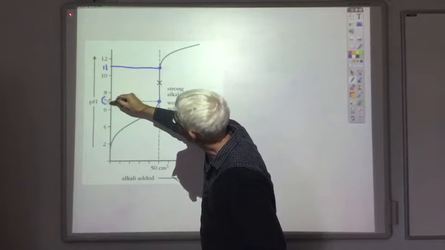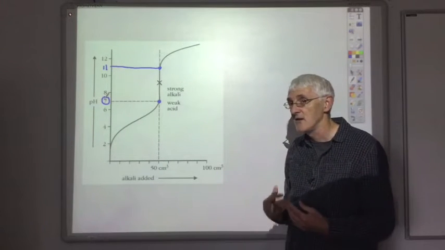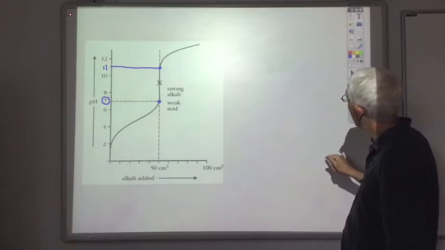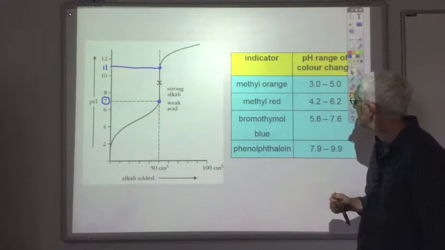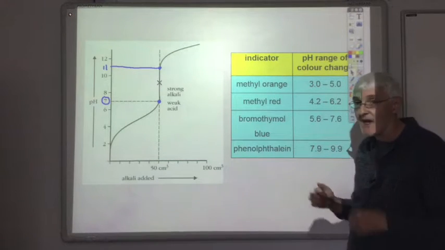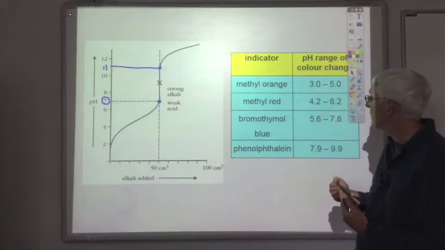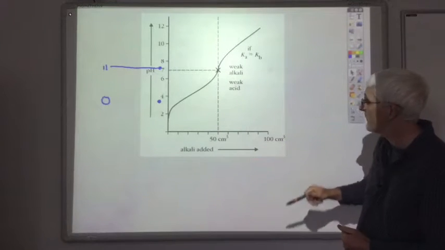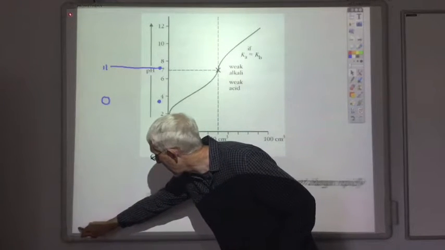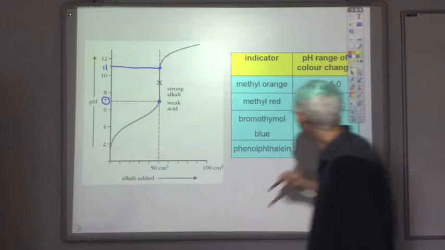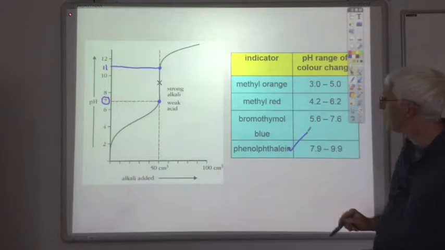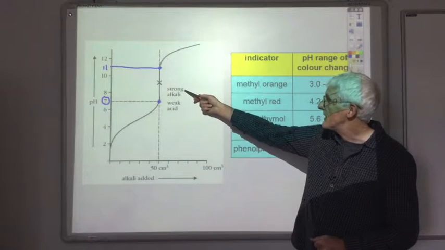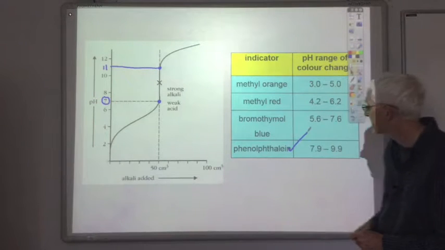So we want our indicator to have its colour change between 7 and 11, and looking at this choice of indicators, the only one that has a colour change within the region 7 to 11 is phenolphthalein. So phenolphthalein would be the only appropriate indicator from this list if you are titrating a strong alkali with a weak acid.